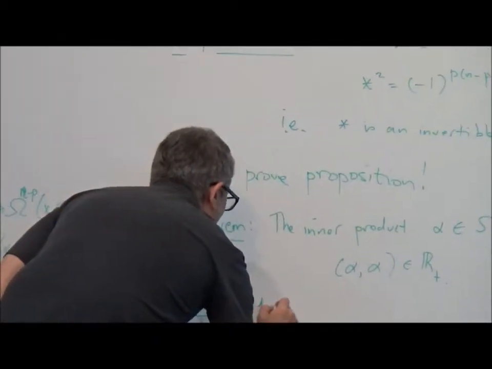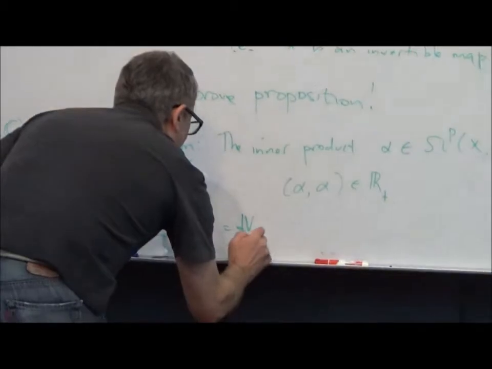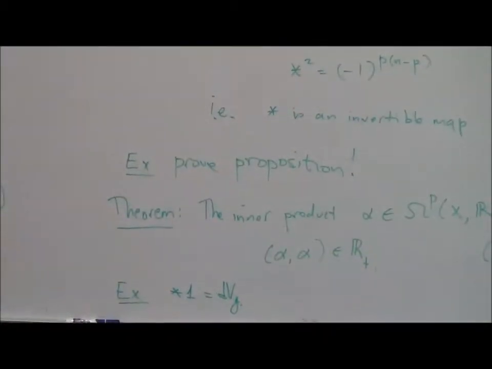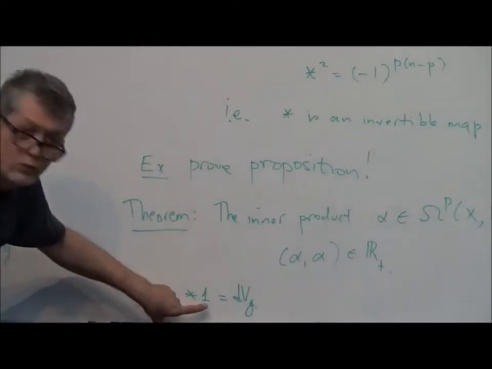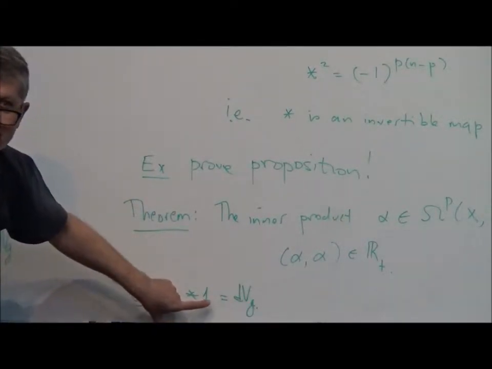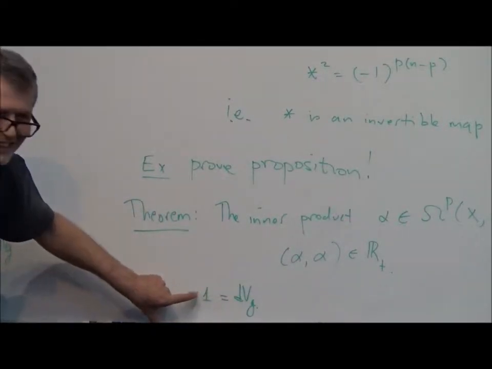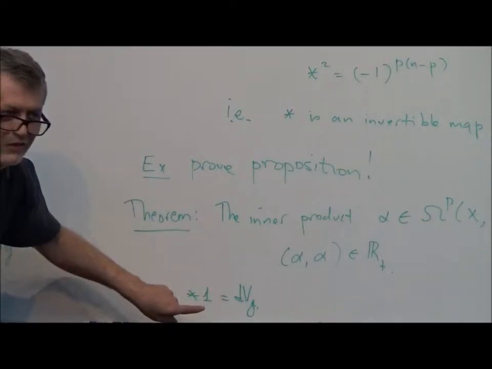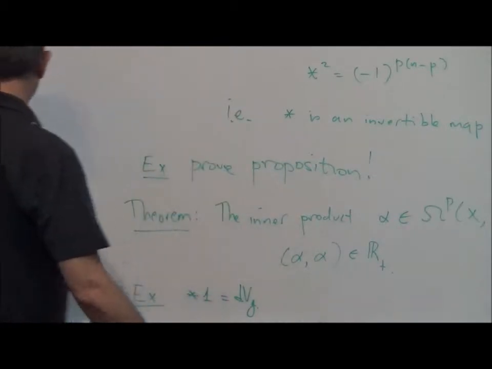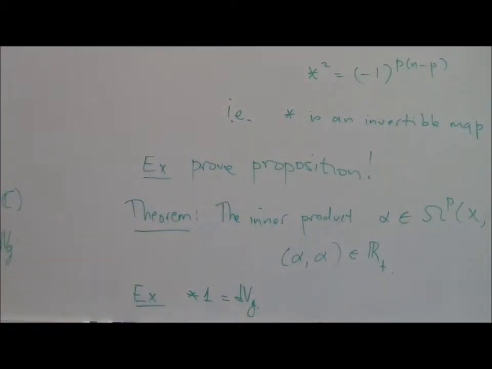star 1 equals the volume form. That's a trivial exercise, but it's good to know because it reminds you that 1 is a 0 form. Star 1, so P is 0, go up to omega n.